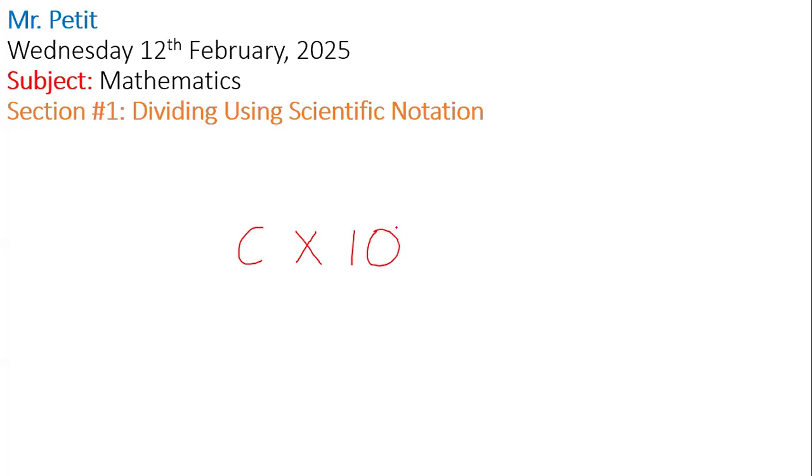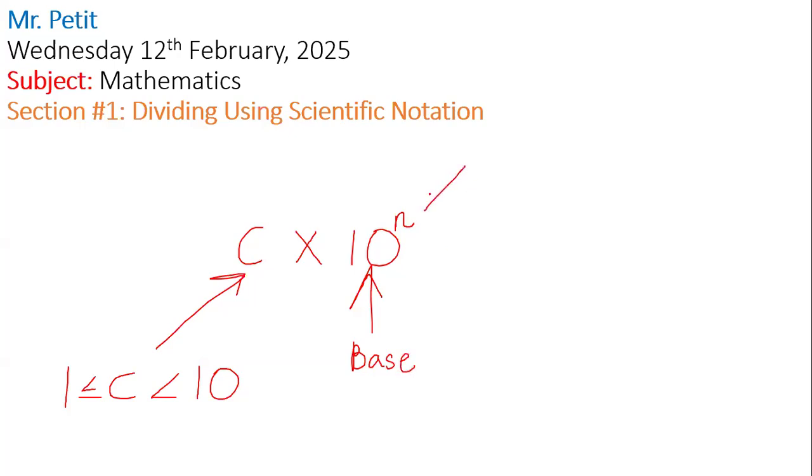Where C is any real number from 1 to 10 except 10. Very good. 10 is always the base, and n is always the integer.